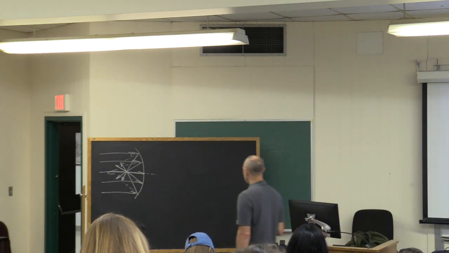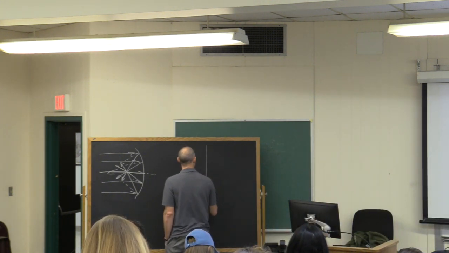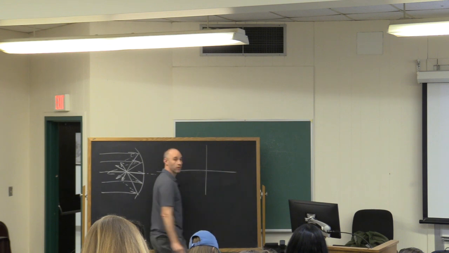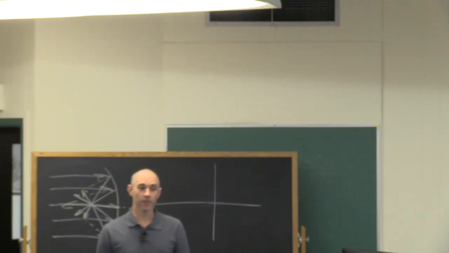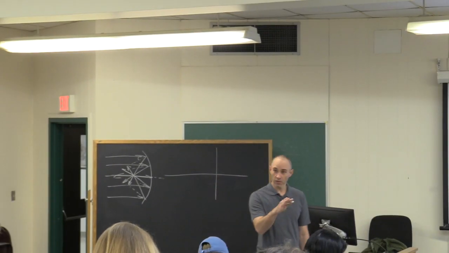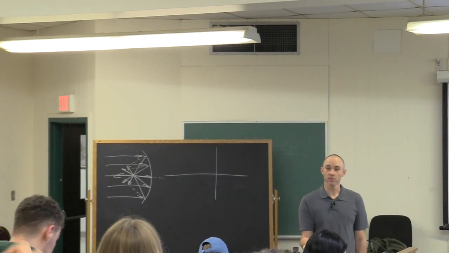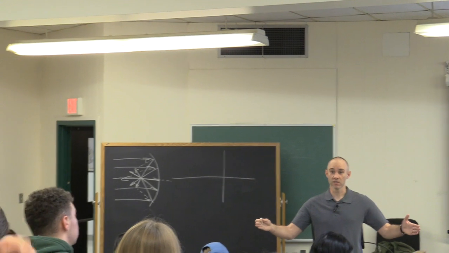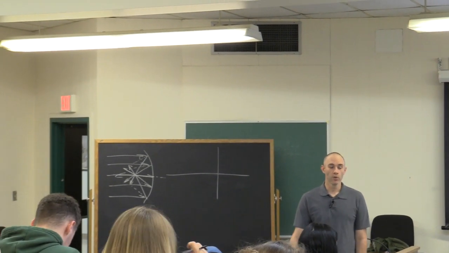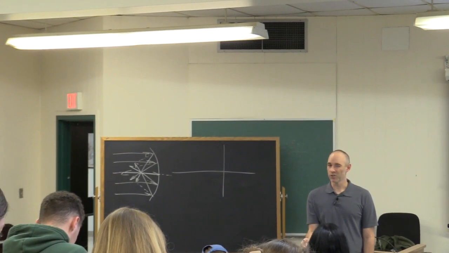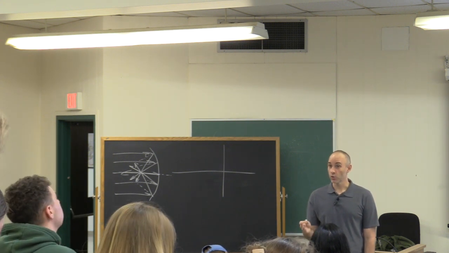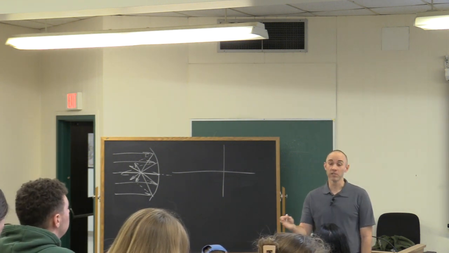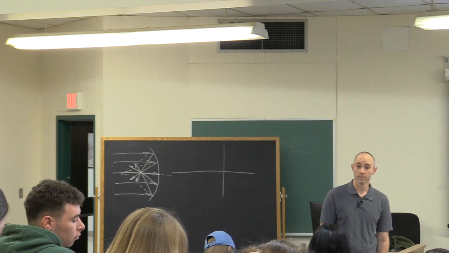So, let's say I have a mirror. I'm representing the mirror as a straight line because the curvature of the mirror is very, very small compared to the other distances that we're dealing with. And when you draw the curve in, it's exaggerated, which causes error in my diagram. Because the curve is so small, it is essentially straight up and down, but still has the properties of a curved mirror.